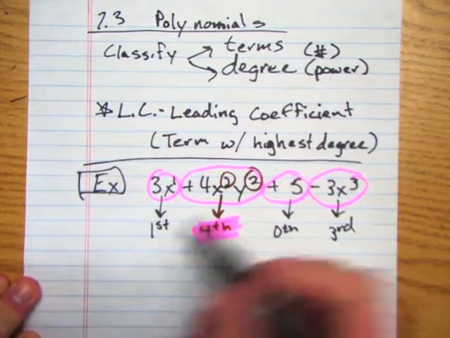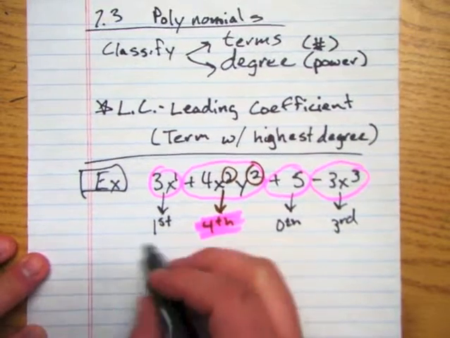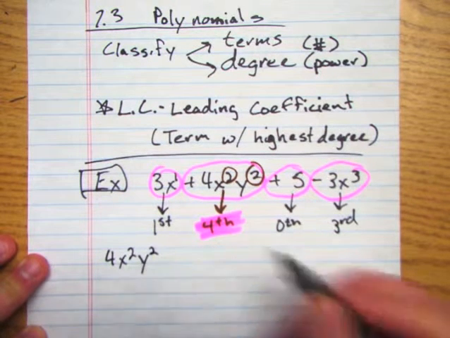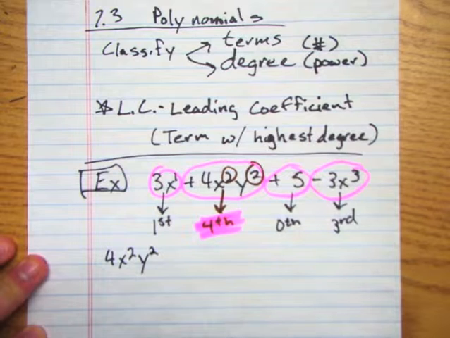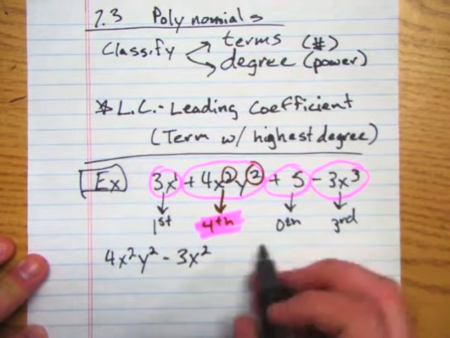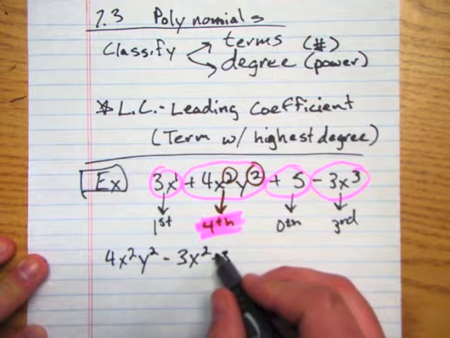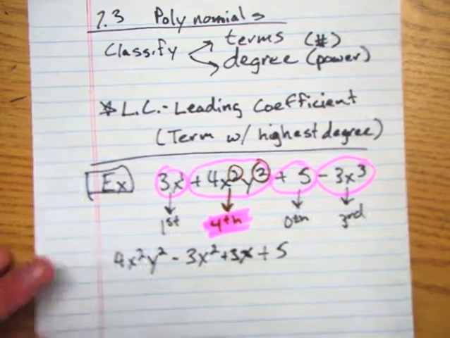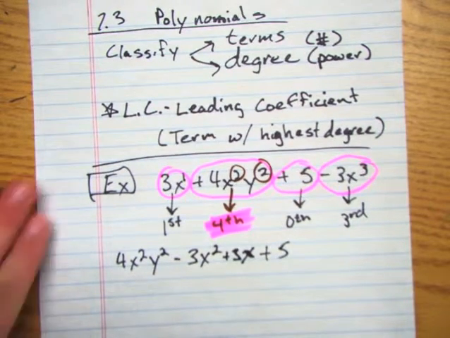So now, if I were to write this in order, what I would say is 4x squared y squared, because that's the highest degree. And then I would say negative 3x cubed, because that's the second highest degree. And then plus 3x plus 5. So that's the same polynomial, but now it's written in standard form.